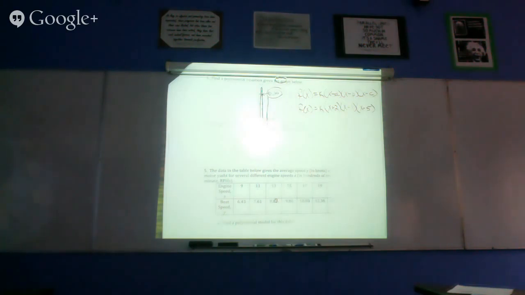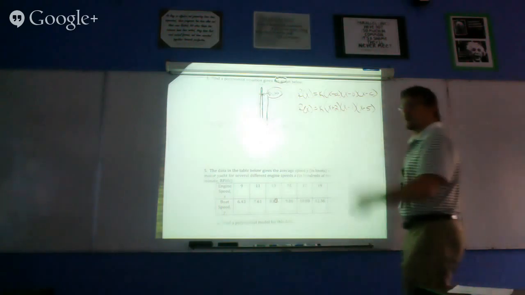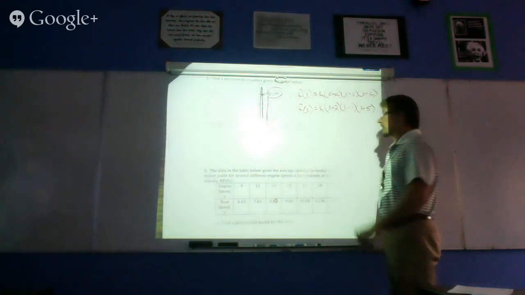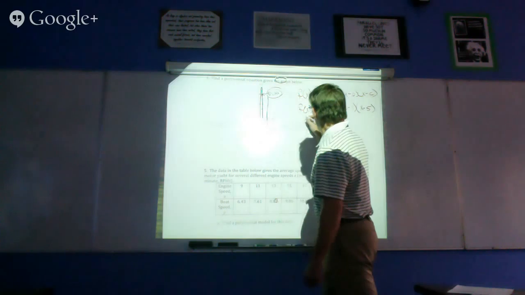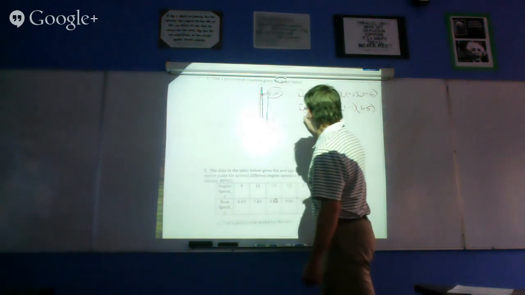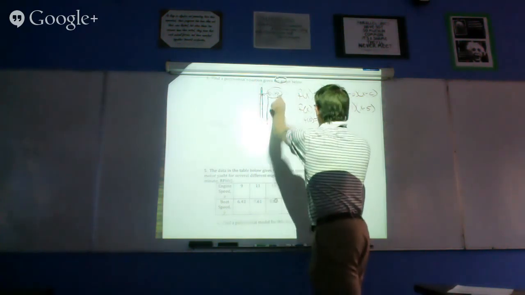It has negative 1 times negative 5 times k has to equal 30. Why? Because, what does that mean? X is 0. Well, when x is 0, what's y? 30. So, you know f of 0 is 30.